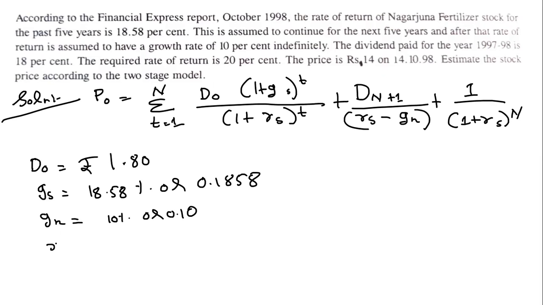Here Rs is 20%, or 0.2. And N is 5 years.